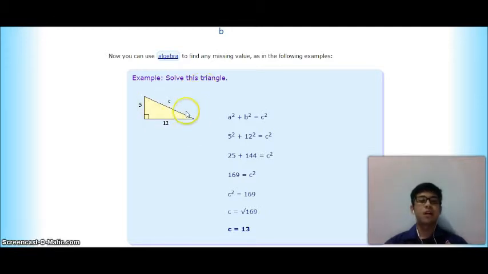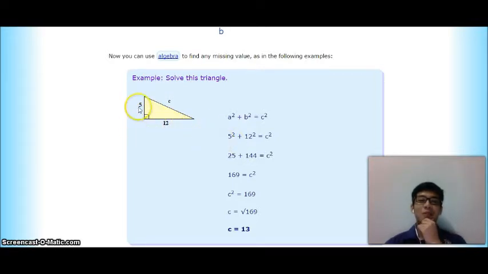There is a right angle triangle with sides 5 and 12, and an unknown length indicated by c. We apply the formula a squared plus b squared equals c squared.